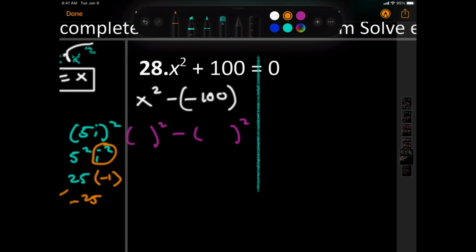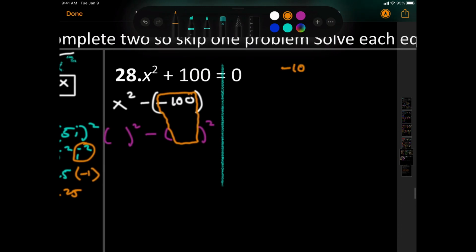And what am I going to put in there? Right, so you can do negative 100 equals x squared. No, we shouldn't use x. Let's use w. Does that make sense? The pink one is parentheses squared, so I'm calling that w squared.